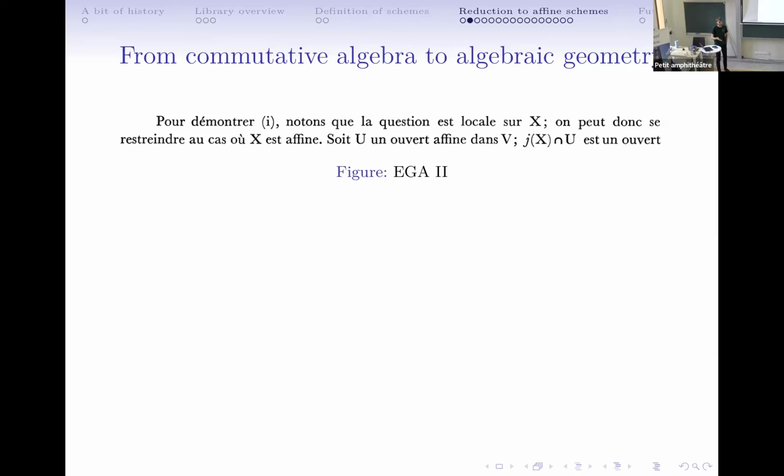And if you're familiar with algebraic geometry, this is perfectly fine. This is a good proof. And the reader often doesn't expect more details. It's typically clear how to reduce to this local case. But unfortunately, "notant que la question est locale sur X", that's not a tactic in Lean.